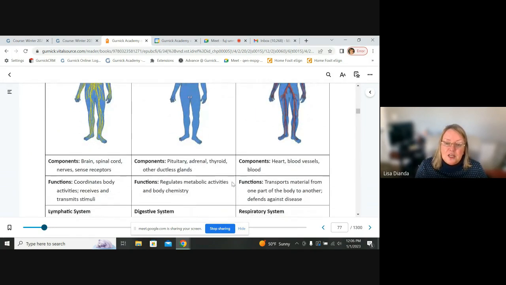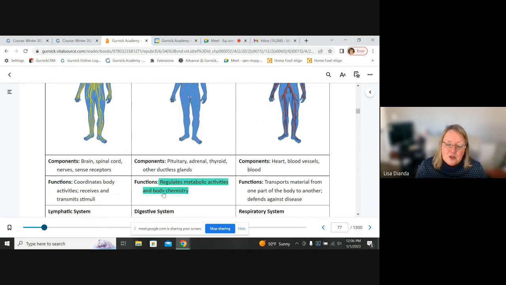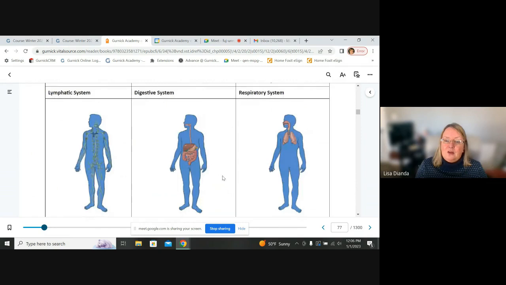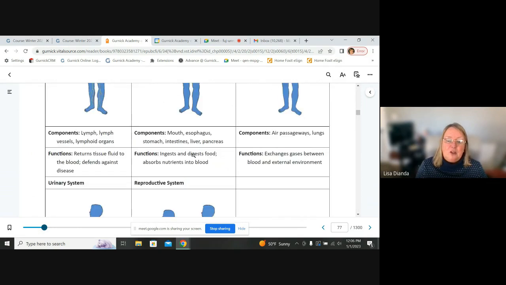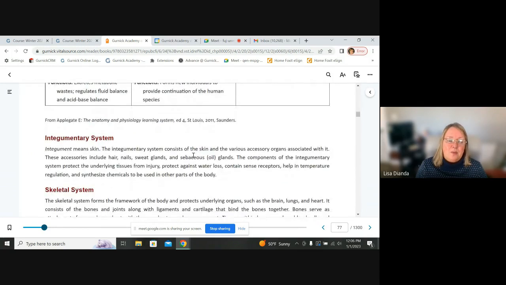What is its function? How am I going to remember this? It regulates body chemistry and, right, make myself an extra note so I remember to come back and think about that, right? Take advantage of these cool book features, digestive, respiratory, right? Look at wonderful, wonderful. And then you can make these bigger. You can take a look at them closer. So enjoy your textbook. Get in and really swim in it.